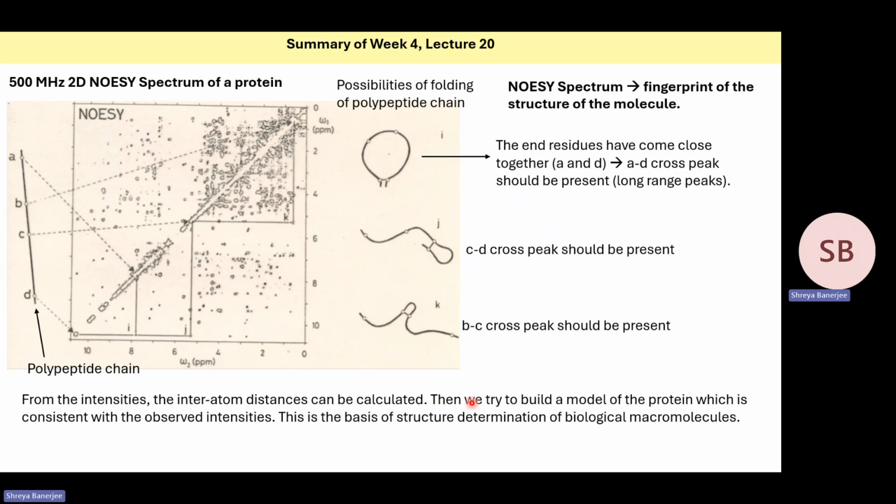So this is the basis of structure determination of the biological macromolecules. So basically, from NOESY, we calculate the inter-atom distances. Then we build a model of the protein where the inter-atom distances are what we have calculated. And that is how structure prediction is done. And that is why NOESY is so important in predicting the structure of biological macromolecules.